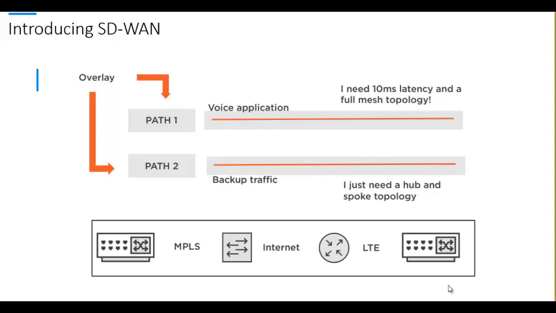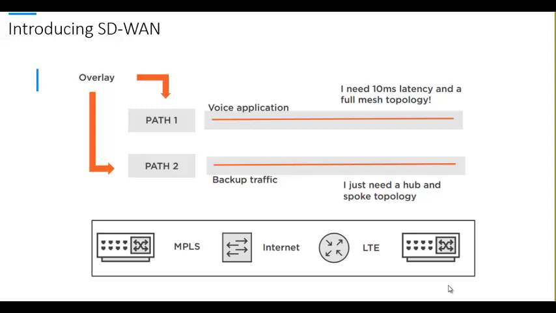Okay. So in the previous class, we learned that SD-WAN is not something new. It is a combination of various things that were there in bits and pieces, put together to achieve something on a very big level.